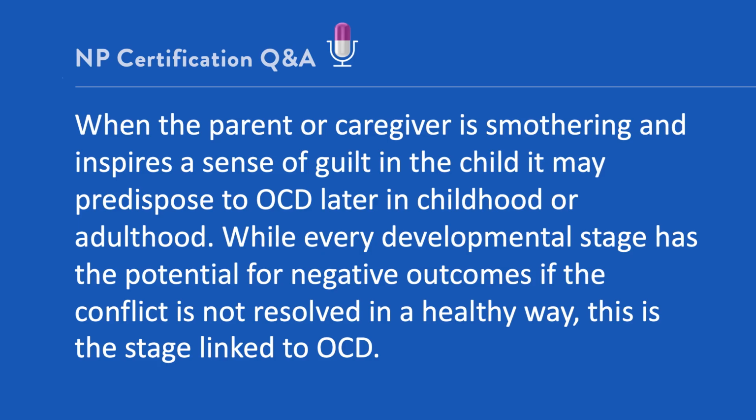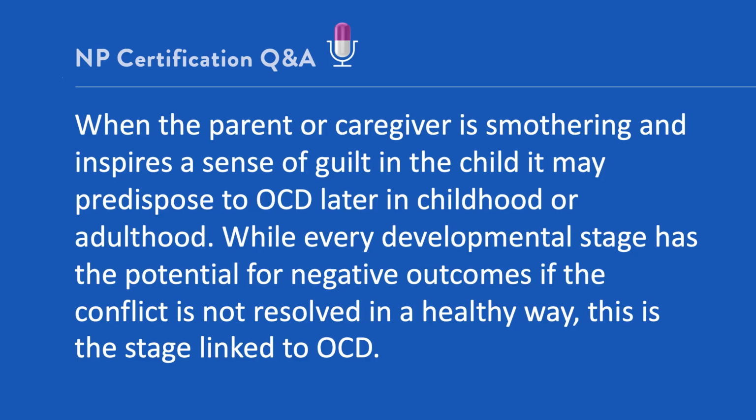That's the conflict. And so, according to Erikson, all of life is a series of developmental conflicts. And if we resolve them in a healthy way, then we develop positive personality traits. And if they are resolved in a negative way, then the person has the potential for maladaptive or pathologic personality traits or outcomes later in life.